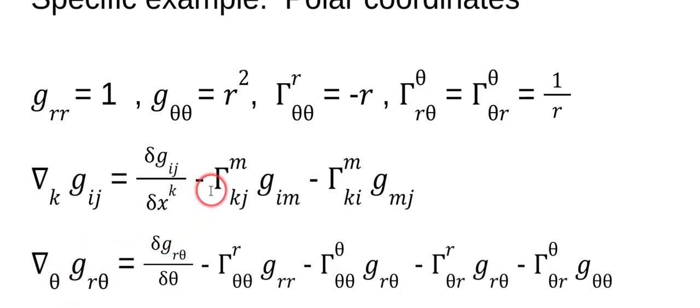So you just follow your indices. You see that k is theta, i is r, j is theta. You go through here and fill in all of your free indexes first. Now you know we're in polar coordinates, so it's two dimensions, so there's going to be two of these and two of these. So you write down four of these things.